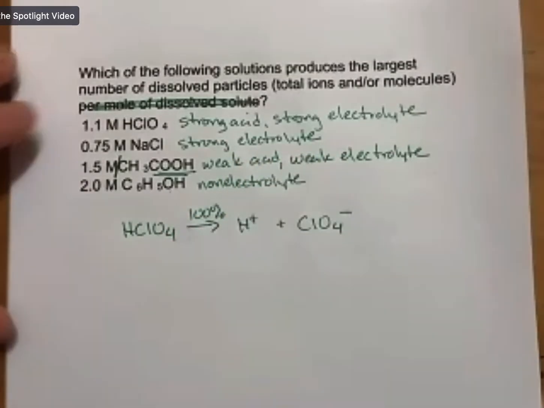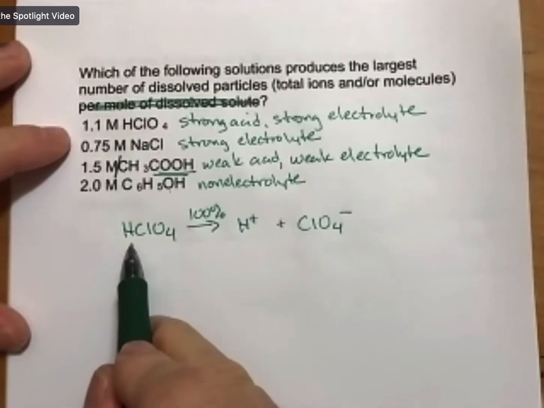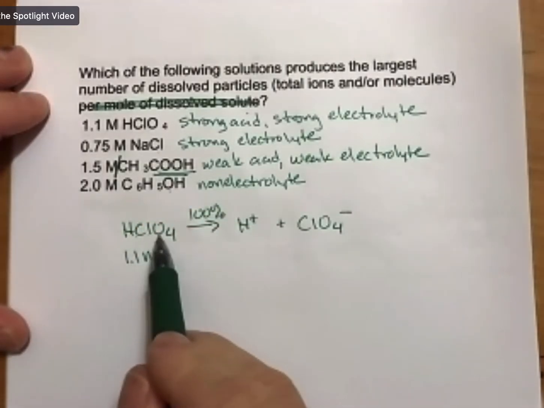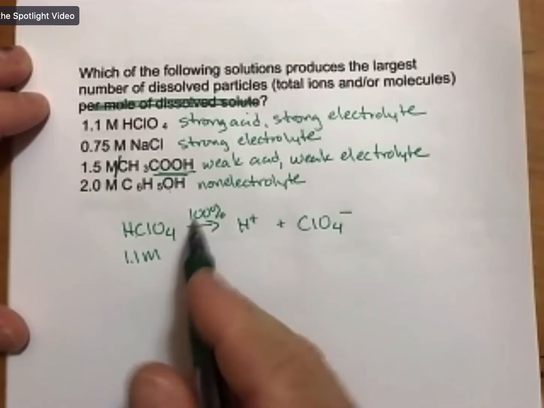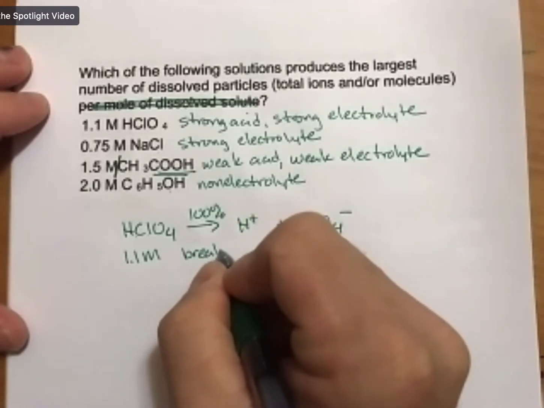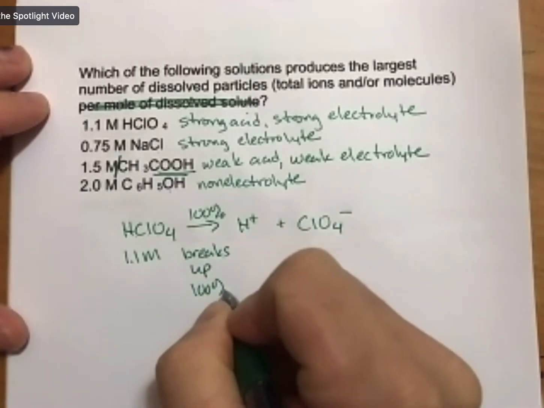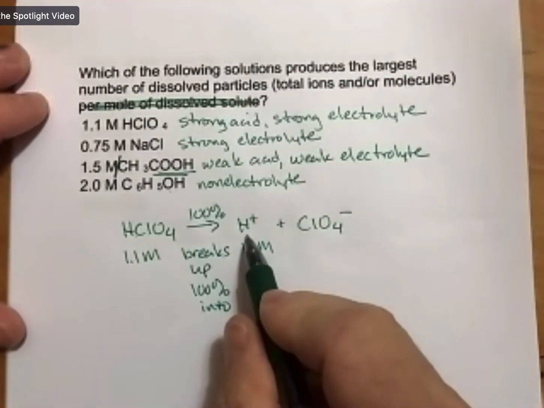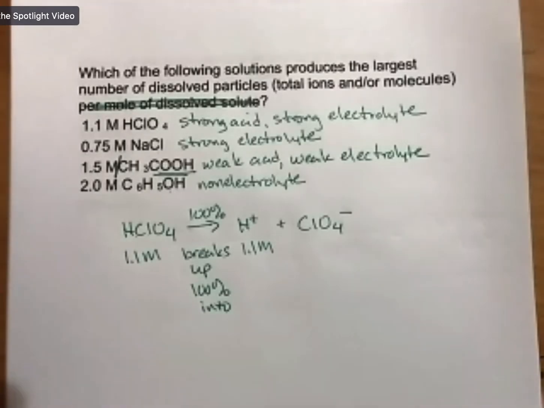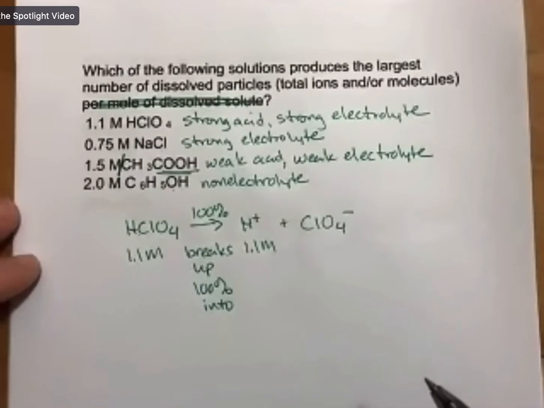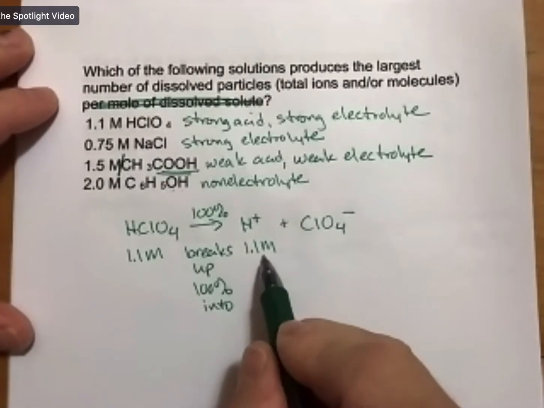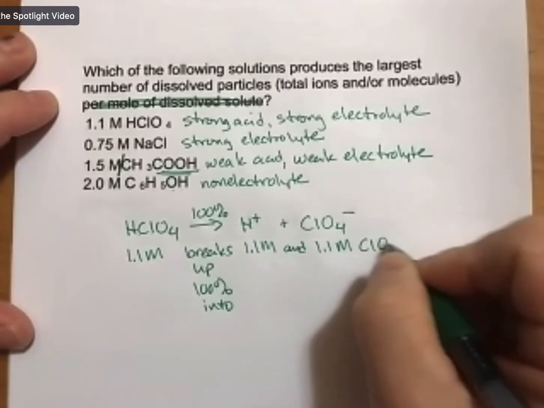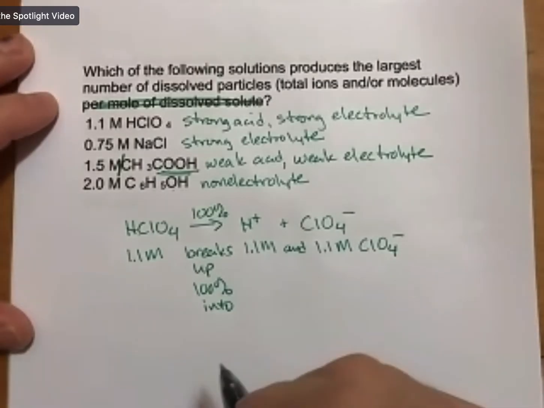What that means is if we start with 1.1 molarity of HClO4, it breaks up 100% into 1.1 molar H plus and 1.1 molarity perchlorate ions, which are ClO4 minus.